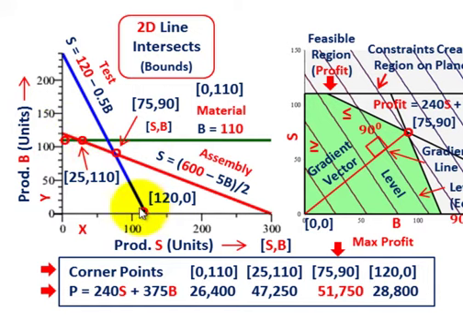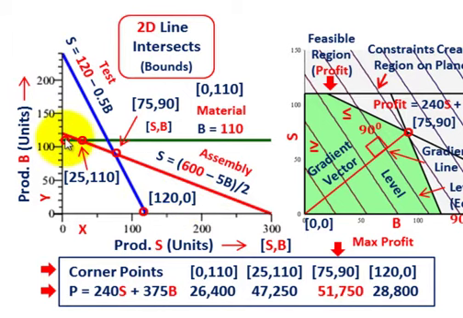Okay, so now for our different points here. We know this point here, that's where S is 120 when B equals 0. So our XY coordinates, S is our X coordinate, and B is our Y coordinate. So at this point, it's 120 and 0, for S 120, B equals 0.